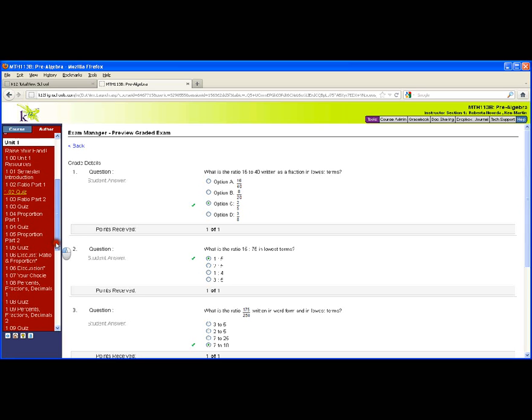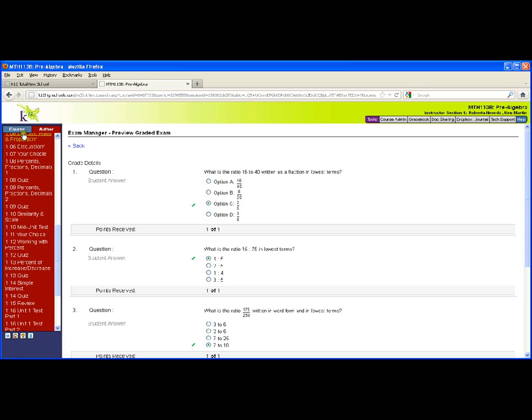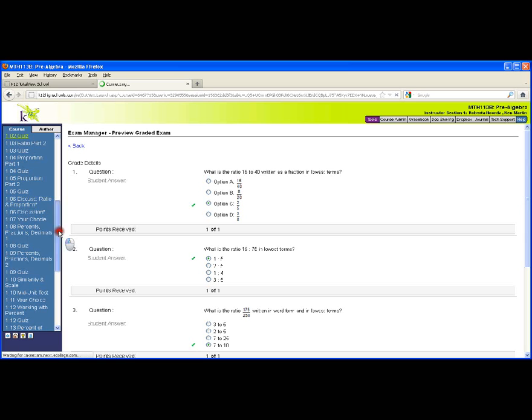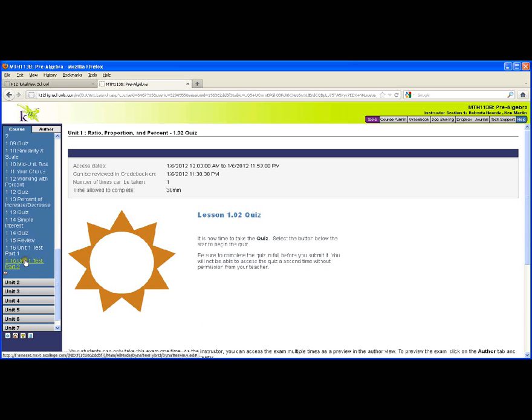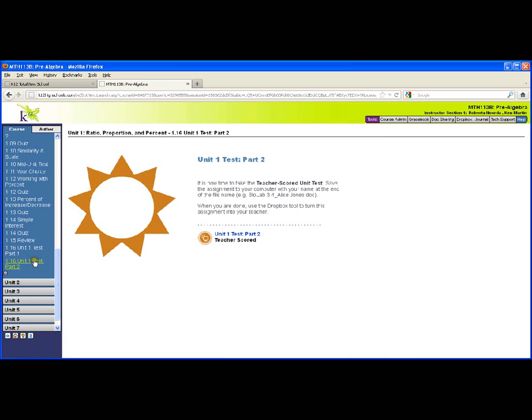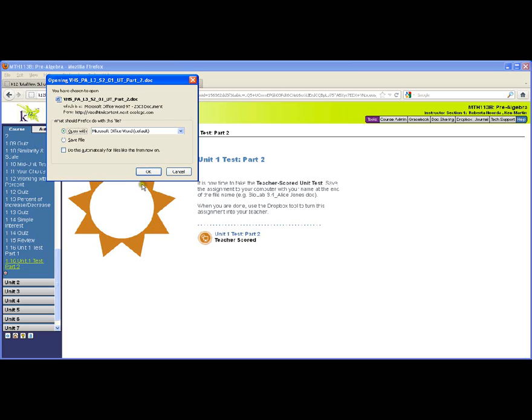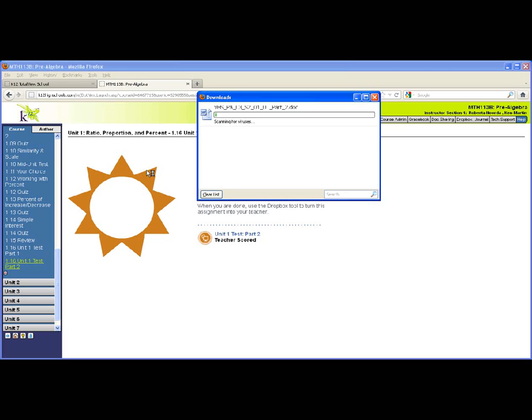But Dropbox assignments are always the part 2. So if I go into the course over here, and I say test part 2 and I click on it, what it's going to bring back is a teacher scored test, and I click on that, and at the bottom it tells me it's going to open up a document in Microsoft Word. So I'm going to open that document right now.